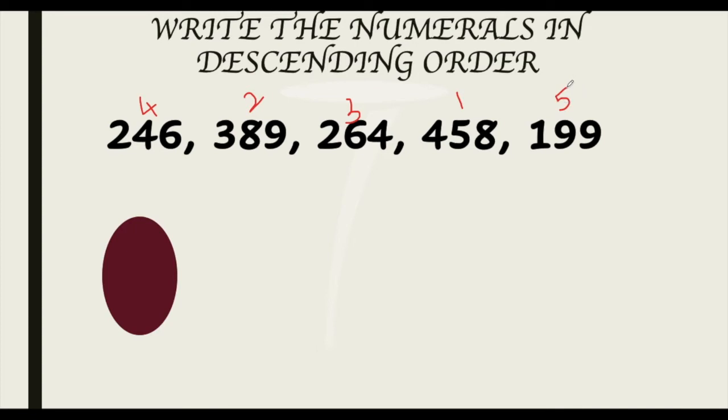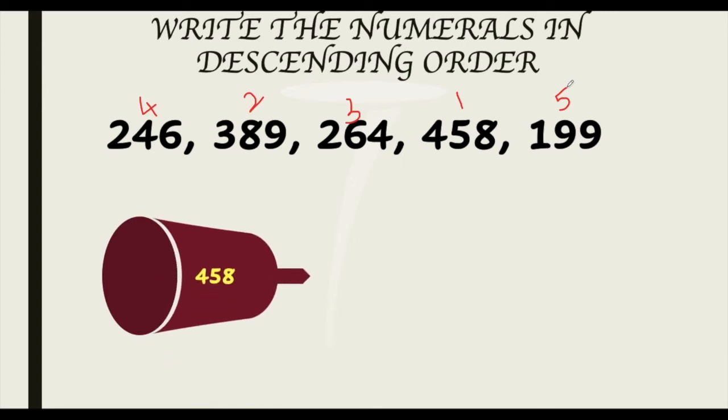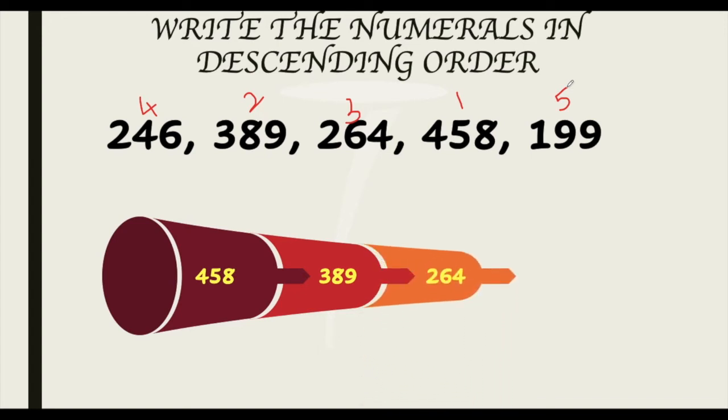So descending order means writing the numbers from the greatest to the smallest. Among these numbers, first we have 458. After 458 we have 389. After 389 we have 264.